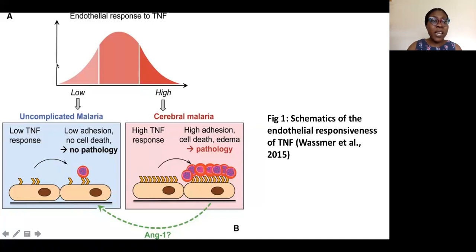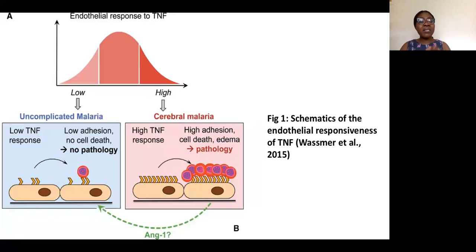And so we can see here, if you look at figure A, from the left-hand side of the graph, when it is moderately expressed or at low level expression, there is no complication in malaria pathological outcomes. So what this results in is less adhesion. Adhesion talks about the attachment of the parasitized red blood cells to blood vessels.